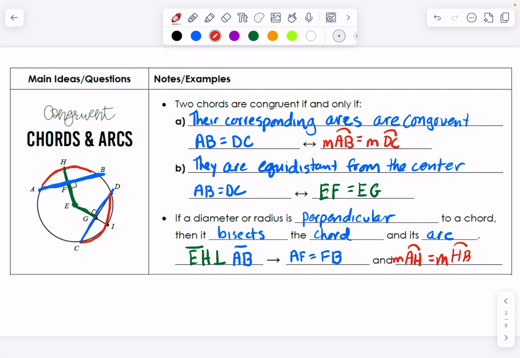And similarly, if we look at this other radius down here, EI, if EI is perpendicular to DC, so if I have, again, a radius perpendicular to a chord, it bisects that chord, so DG is going to be equal to CG. And similarly, the measure of arc DI is equal to the measure of arc IC.